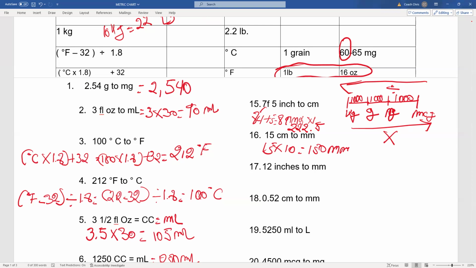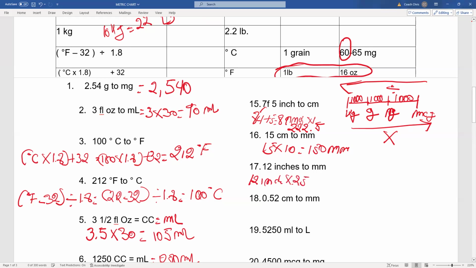So inches to millimeter. So inches to millimeter is what? Remember, we talked about this. You cannot go from inch to millimeter directly. You gotta go inch to centimeter, then from centimeter, make that to millimeter, okay? So inch to centimeter, you multiply by 2.5. So I'm gonna have 12 inches, multiply that by 2.5.